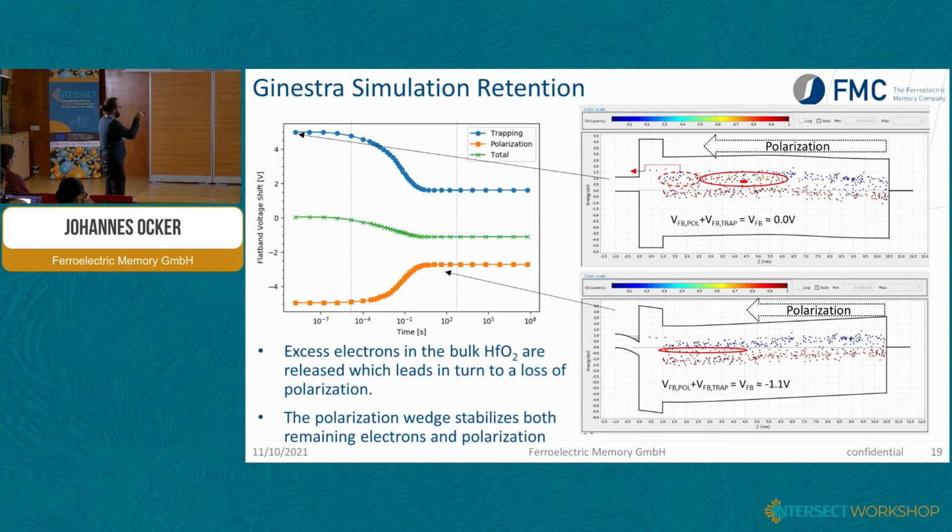So these traps are now negatively charged, and together with the polarization effect they stabilize each other. It's very interesting that this happens. In this state, at least in the simulation, and also if you process it correctly, as Sven said, this has retention of 10 years, so 10 to the power 8 seconds. And this is actually what we want.